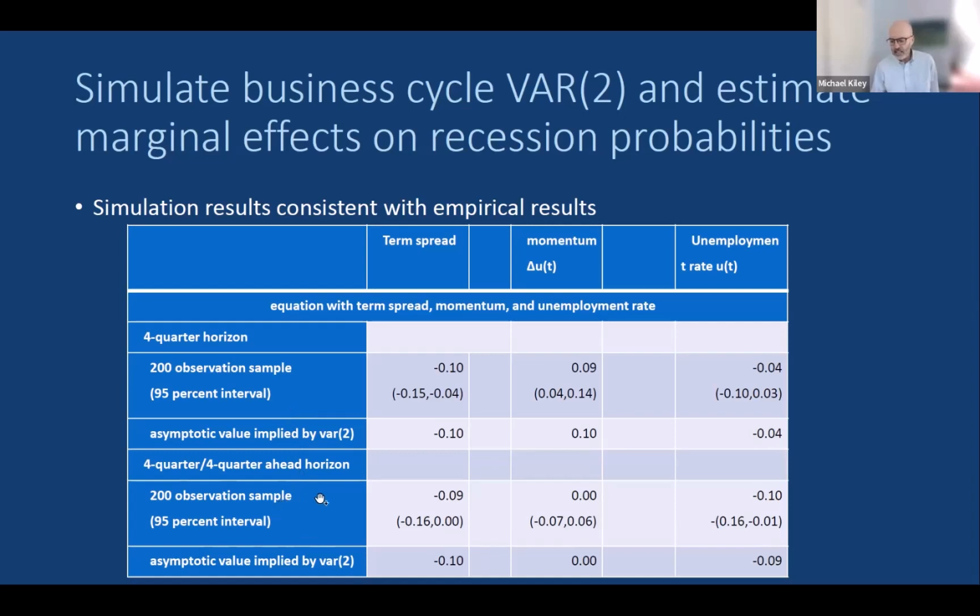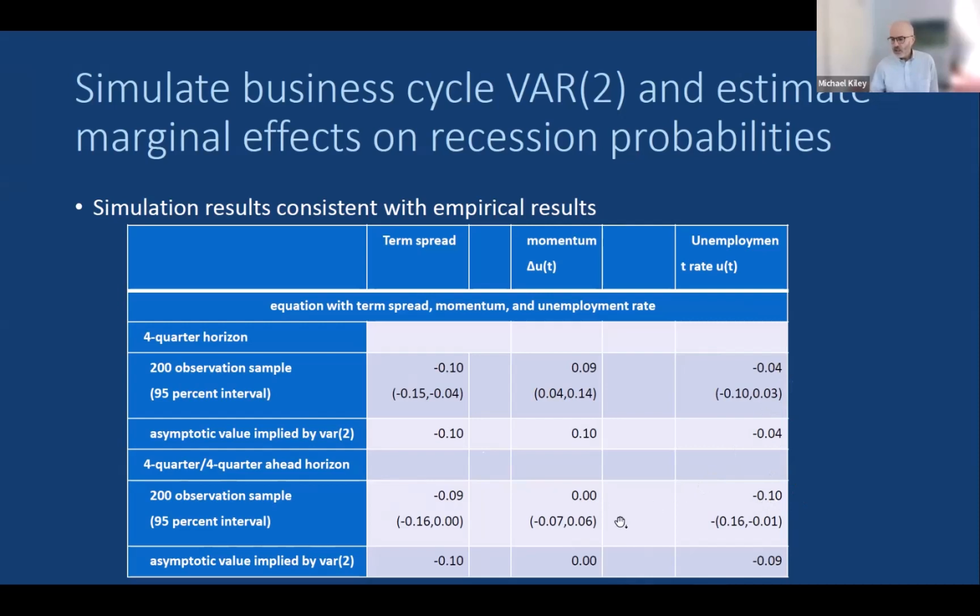If one then instead looks at the 4-quarter ahead horizon, one does see that the term spread is marginally useful, but borderline significant. One sees that momentum is not useful at all, right? And one sees that the level of the unemployment rate is, in these bootstrap samples or these stochastic simulations, significant, and the coefficient is quite large, relative to the short horizon.